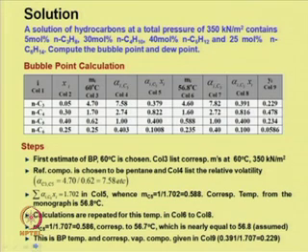For bubble point calculations, the following steps can be followed. First, we have to estimate the bubble point, and to estimate that, 60 degree centigrade is chosen. At 60 degree centigrade and 350 kilonewton per meter square pressure, we have to get the corresponding distribution coefficient m, which is given in column 3 for different components.